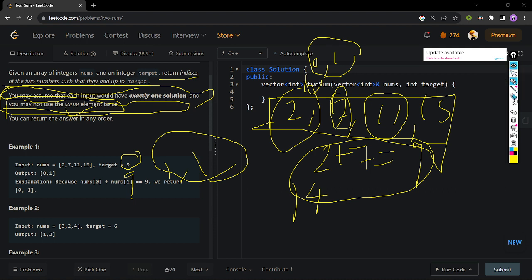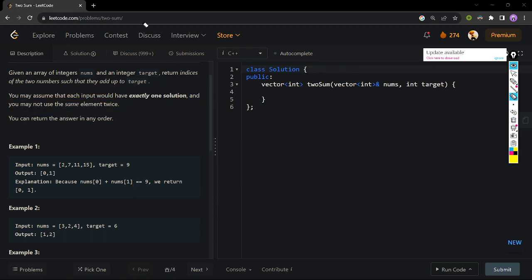So let me erase this. Firstly, think about how you can do this question. Suppose I have taken 2, 7, 11, 15.